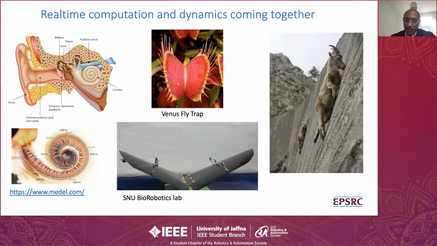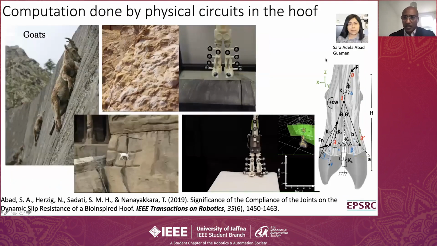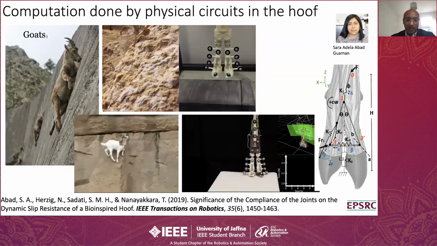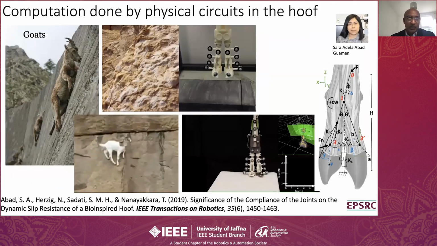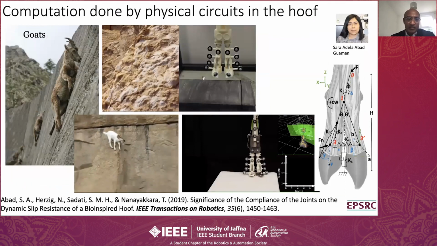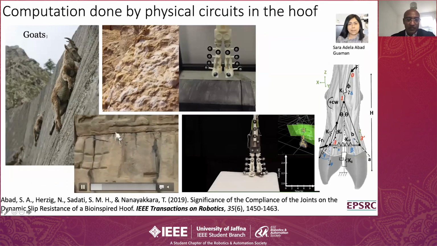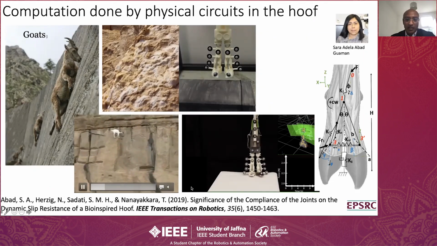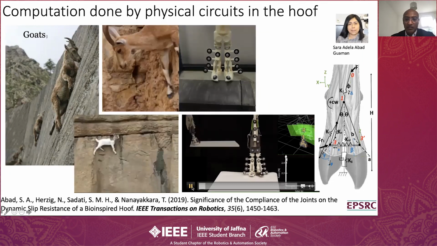So we suspected that the leg is solving that computational problem without telling the brain. That is my student's PhD work in my lab, and she graduated a couple of years ago. She suspected that the hoof is solving that problem without the brain's involvement, and she mathematically modeled it and did very careful experiments.